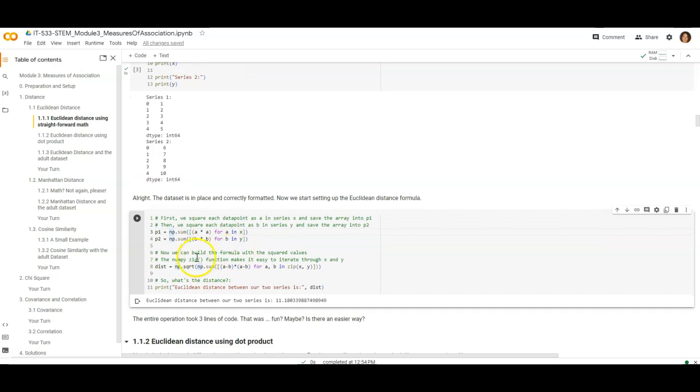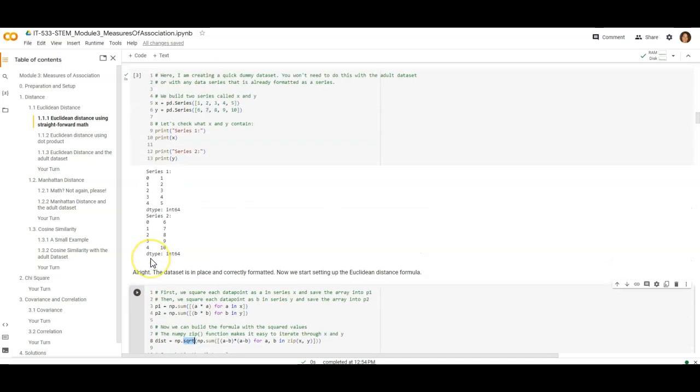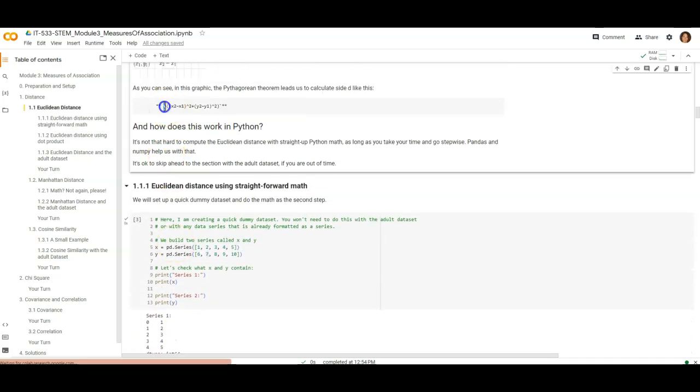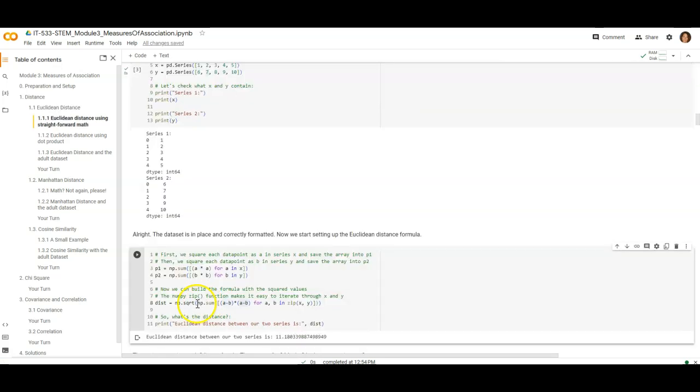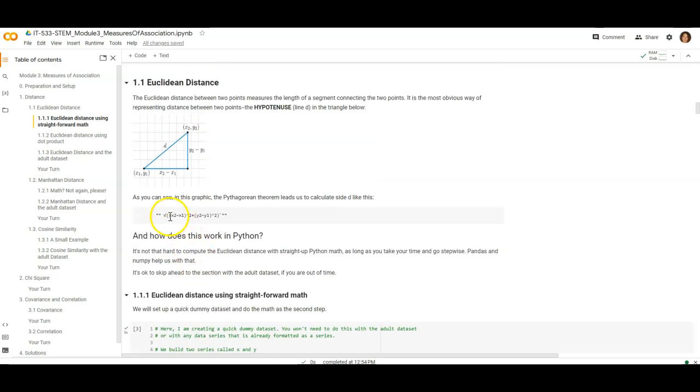So then we can build the formula with the squared values. And here's our square root. This square root is this square root right here. And then we are going to create the sum of our a minus b, because remember, a minus b, right? Multiplied by a minus b, because that, again, is the square. That's exactly what we have here.